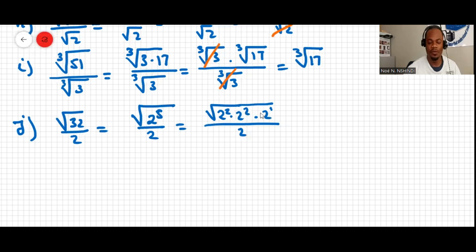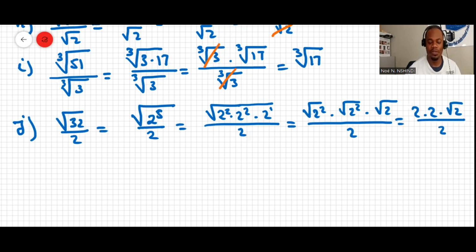Because 2 plus 2 is 4, plus 1 is 5. We can split it this way. And then this is square root of 2 to the power of 2 multiplied by square root of 2 to the power of 2 multiplied by square root of 2 to the power of 1, or just write square root of 2 over 2. Then square root of 2 to the power of 2 is just 2 times square root of 2 all over 2. Then we can simplify these 2 and that, and the answer is just 2 root 2. That's J.